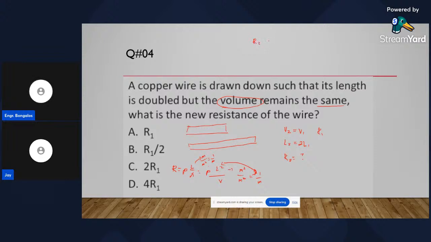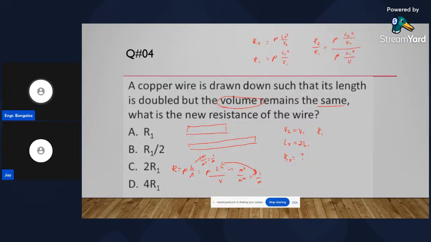So, R2 is equal to rho L2 squared over V2. Then yung R1 naman natin is equal to rho L1 squared over V1. Then divide lang natin siya parehas. So, R2 over R1 is equal to rho L2 squared over V2 over rho L1 squared over V1.